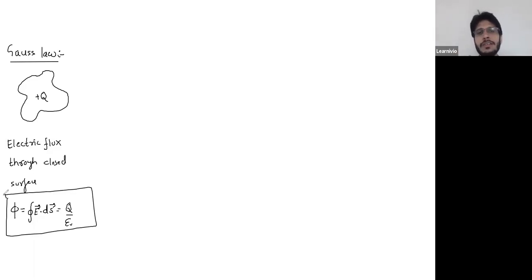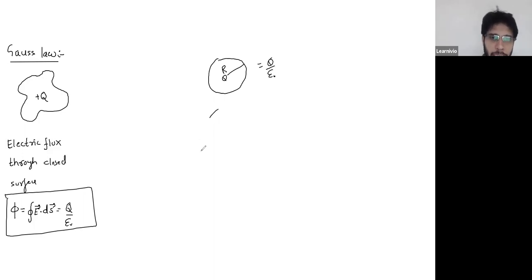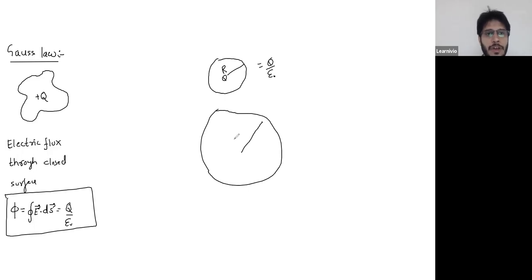We have already done this for a sphere. A sphere of radius r, we place the charge Q at the center. The flux comes out to be Q by epsilon naught. Then we just double the radius of this sphere. We take the radius of the sphere to be 2r, place the same charge Q at the center, and this comes out to be Q by epsilon naught.